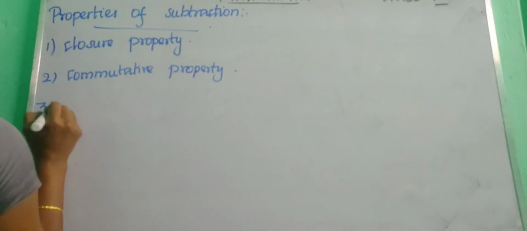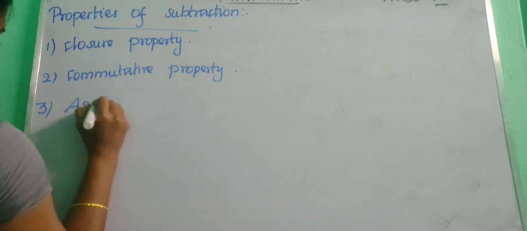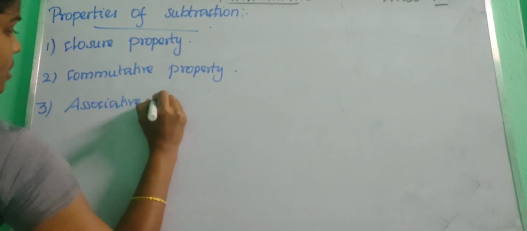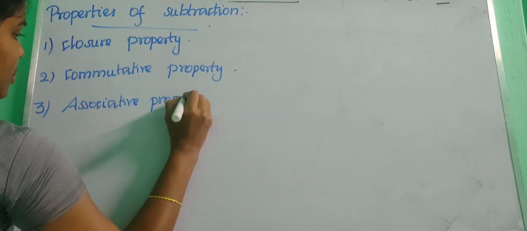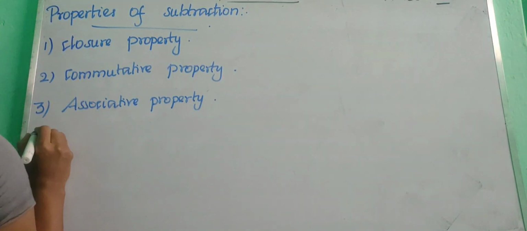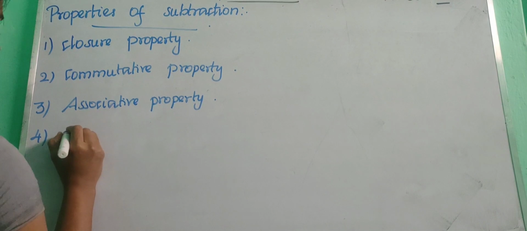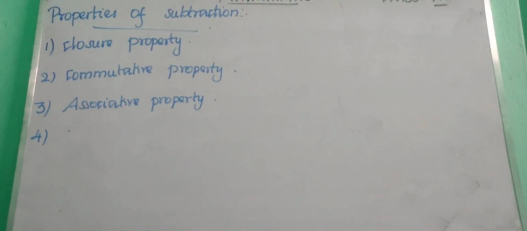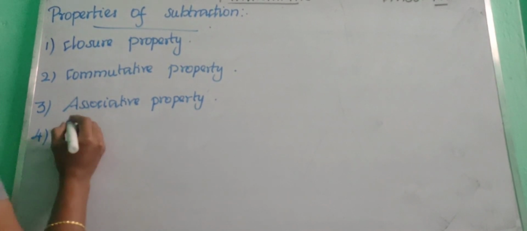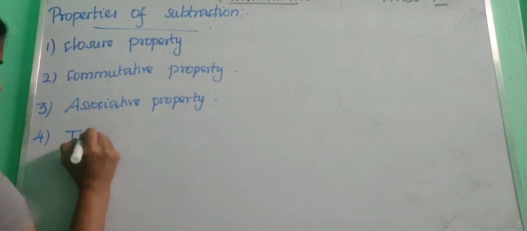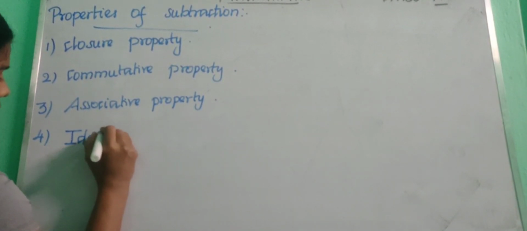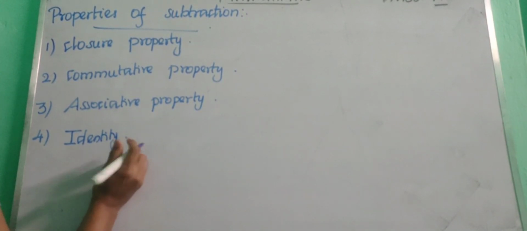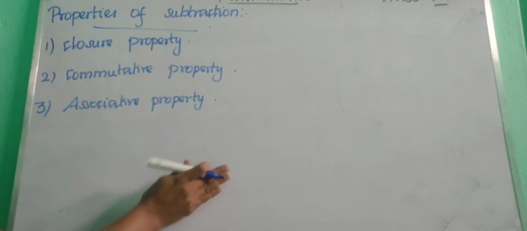And then associative property. Okay. And then additive identity and additive inverse we have learnt, right? Okay. So let us see about these three first.